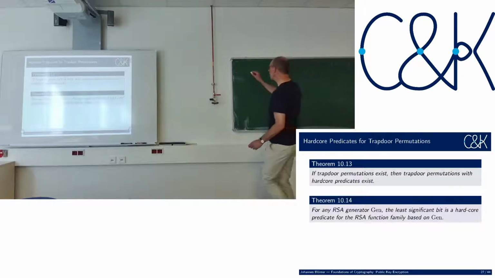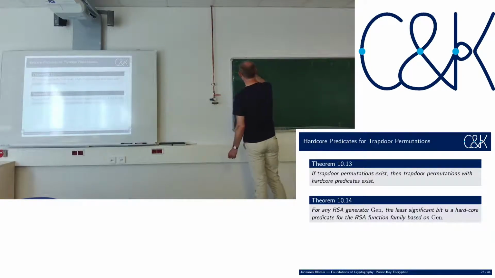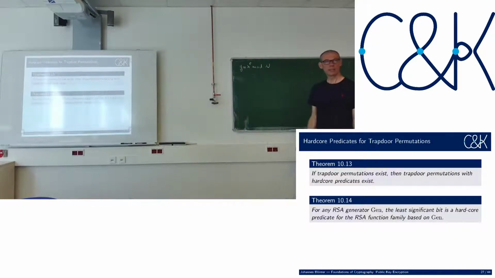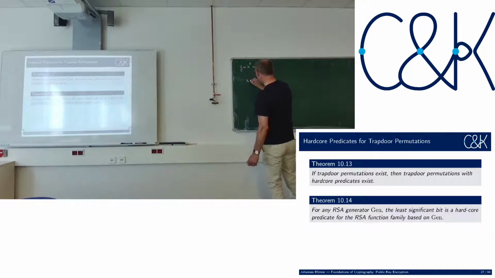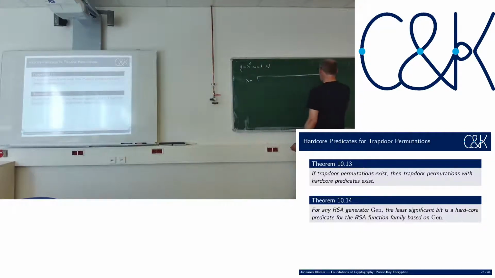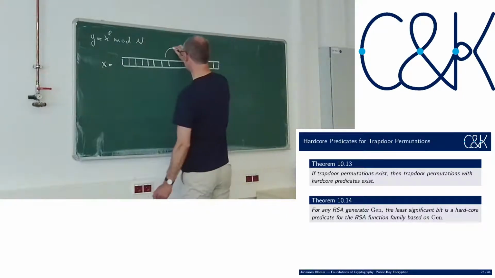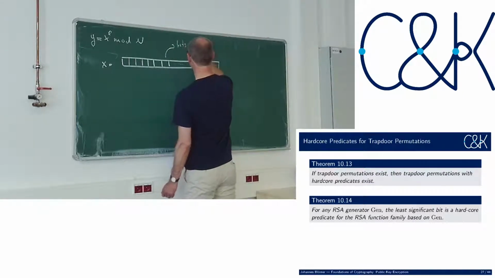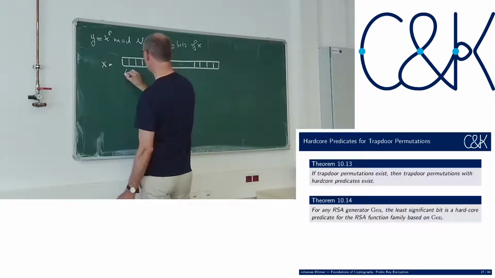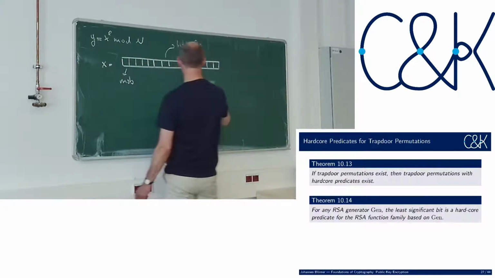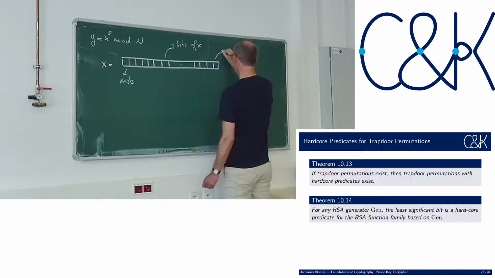So for RSA, you get y, which is x to the e mod n. Now here you have x, and assume these are the bits of x, say here the most significant bit, here the least significant bit.